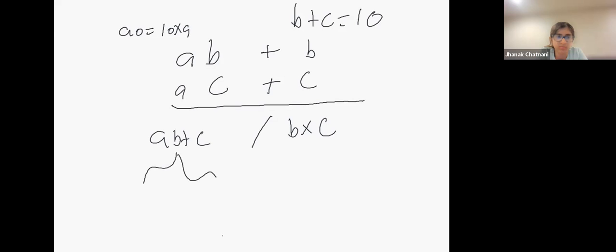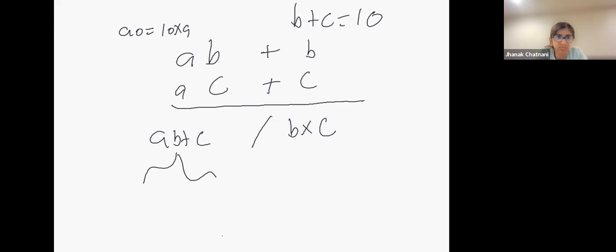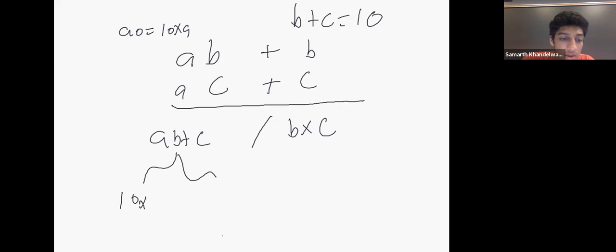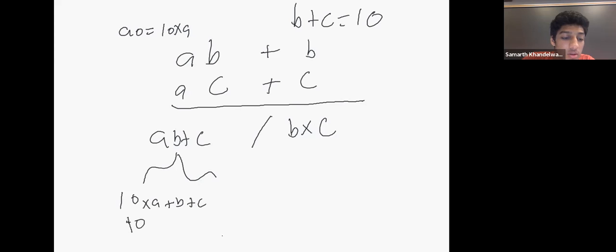A0 plus B. Yeah, and what does A0 equal to? 10 times A. So we're going to write this as 10 times A plus B, and then plus C, right? But what is B plus C? B plus C is just 10. So this is going to equal 10 times A plus 10.